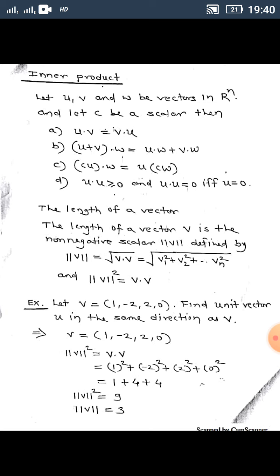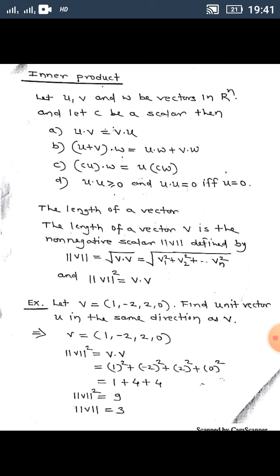So norm of v square, we can say, is v into v. So the first element 1 square, plus second element square, that is minus 2 square, plus third element square, that is 2 square, plus fourth element square, that is 0 square. So the square of each element in addition, we get 1 plus 4 plus 4 plus 0, that we discard.